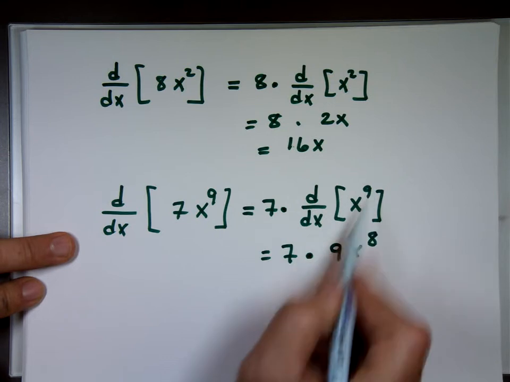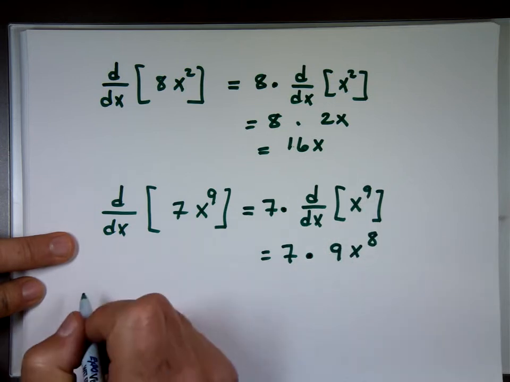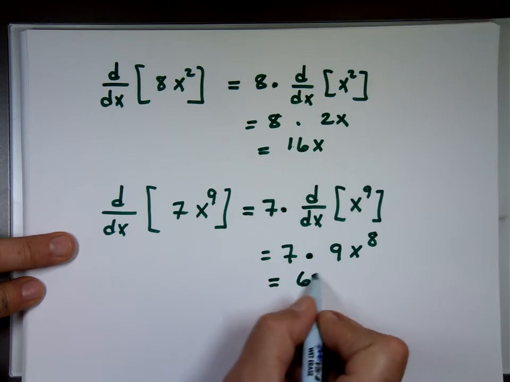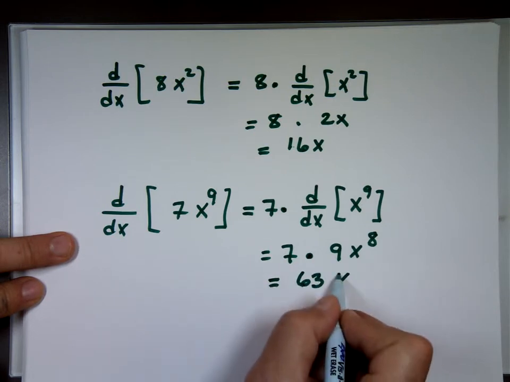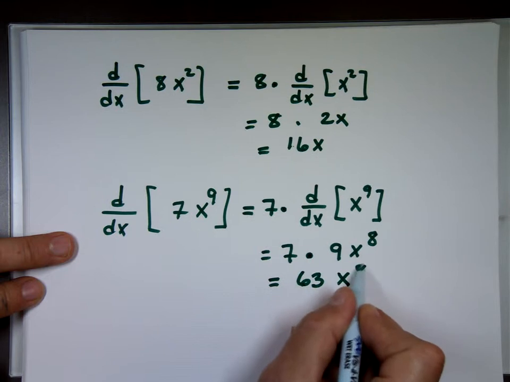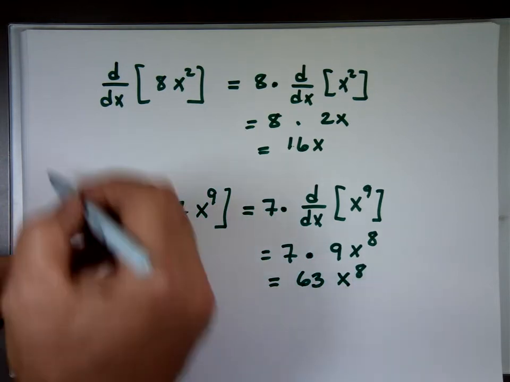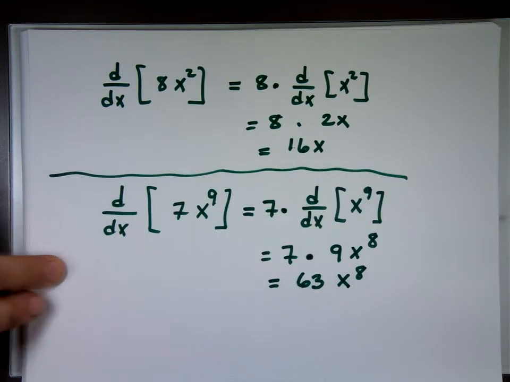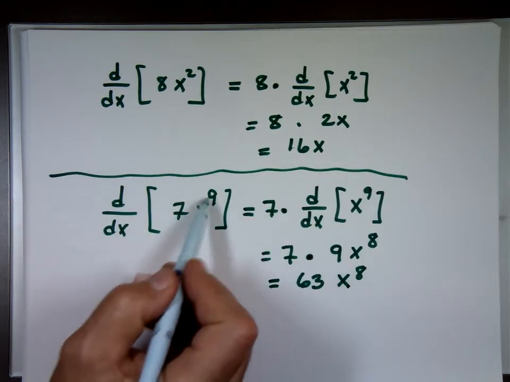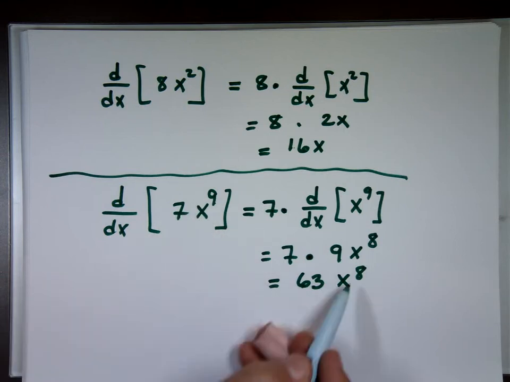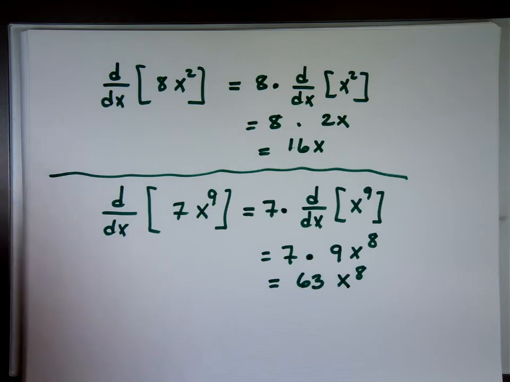Move the power to the front, subtract 1 from the power. 7 times 9, 63. X to what power? 8. Again, you could have done that in one shot. What's 7 times 9? 63, subtract 1 from the power, x to the 8th. So that's the direction you're going to see me go with all of these, instead of doing all these 4 or 5 steps.